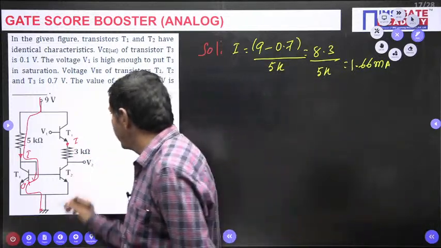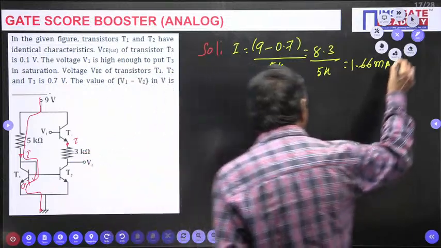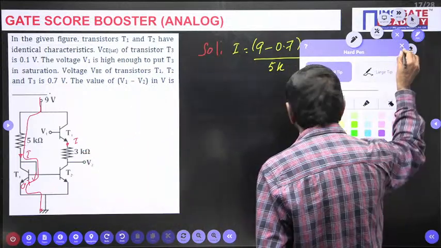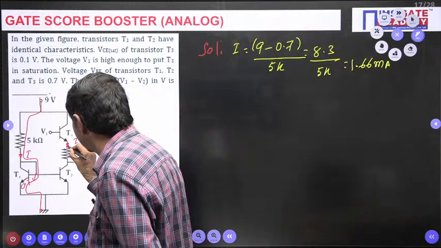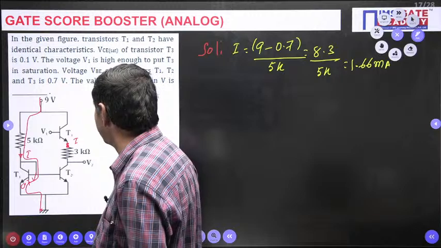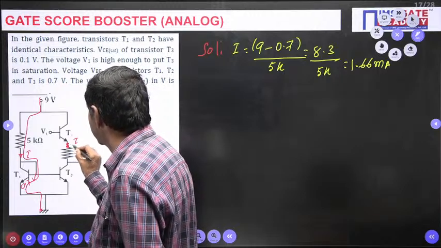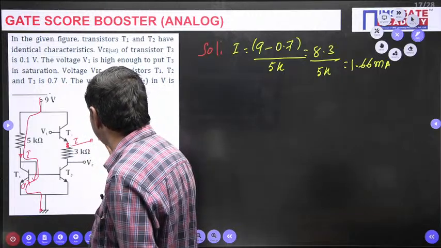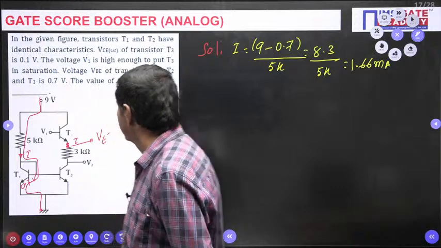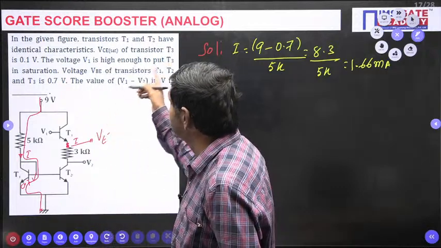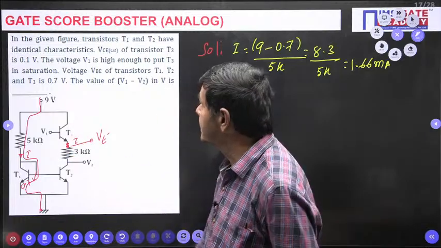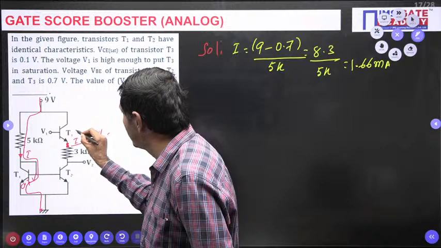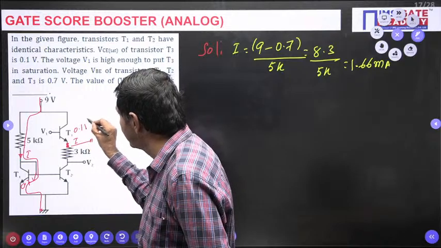But I wish to find what voltage is existing at this node. This voltage is nothing but the emitter voltage VE. In the problem it is clearly given that transistor T3 is in saturation. If it is in saturation, 0.1 volt is given from here to here.